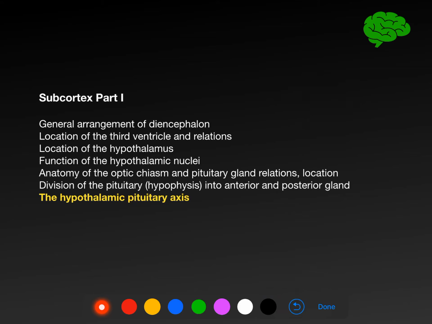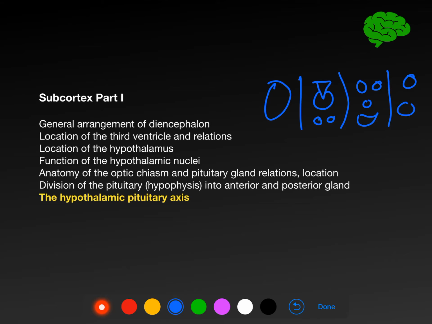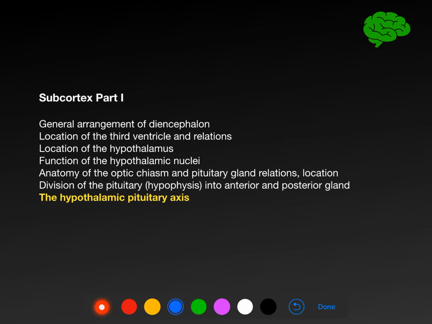And then the function of the hypothalamic nuclei. So we've got the big anterior one, and then we've got these little structures here, and then we've got a smiley face. Make sure you can tell me the function of all of those and into which region they sit. Do they sit in the preoptic, the anterior, the middle, or the posterior? Then we talked about the pituitary gland and its relations and locations.